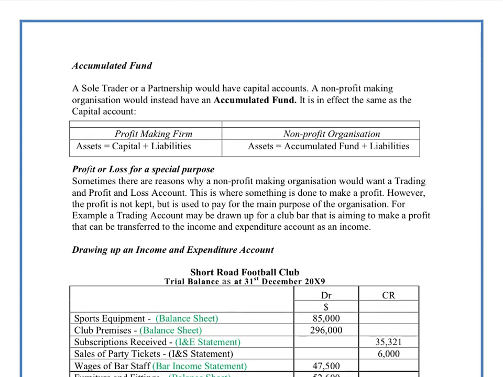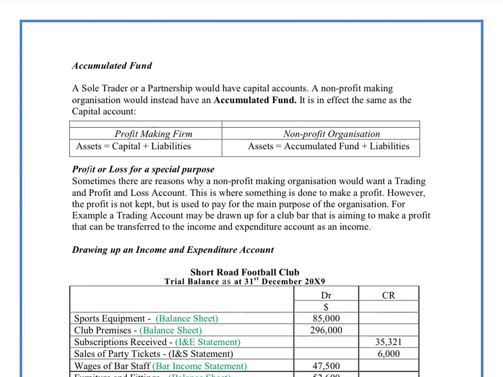We would also draw up a balance sheet in a non-profit organisation. And the balance sheet would look almost identical to the balance sheet of a sole trader or a partnership. The only difference is that the bottom half, which we would usually put as finance by, instead of using finance by in the bottom half of the balance sheet, we use accumulated fund plus liabilities.